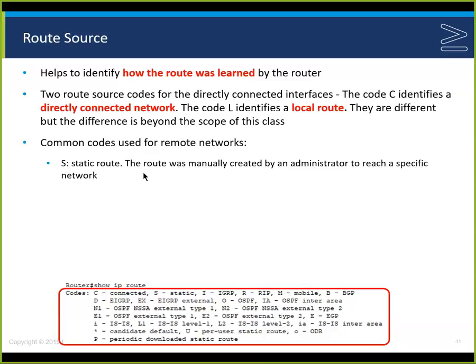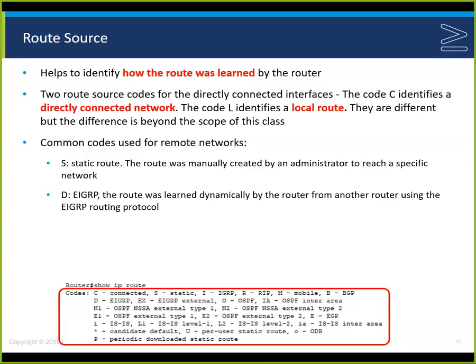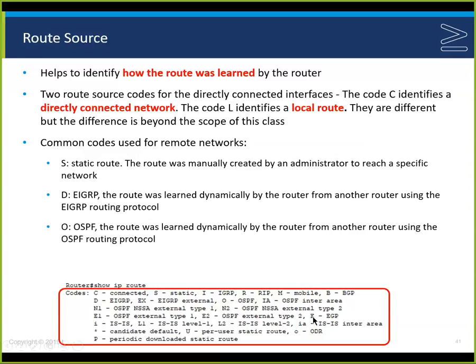Common codes that are used. The S, and we've looked at these. The S for static. D is EIGRP, and it's one of those, okay, why D? And part of it, people say that E was already taken, and it probably was. If you look down here, E is EGP, Exterior Gateway Protocol, which is an old one.